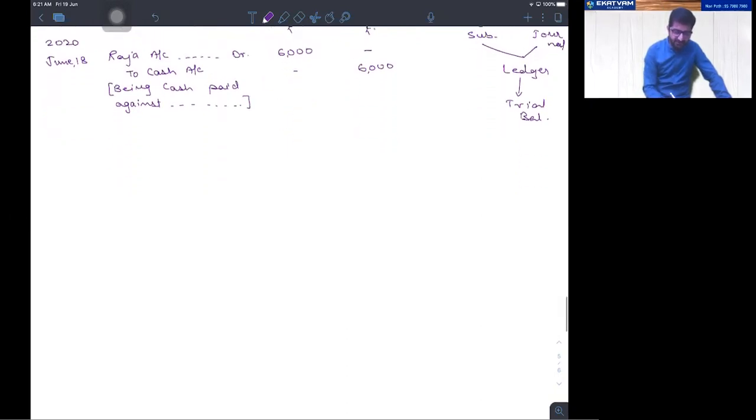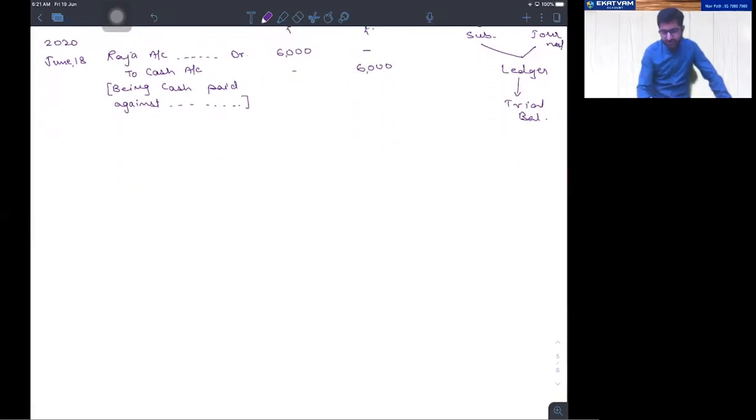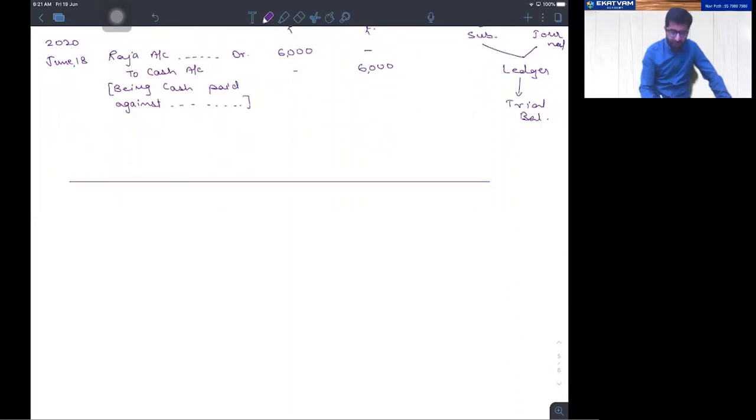So in the given case, we'll be requiring two different accounts. One will be needing Raja account and two will be needing the cash account. Correct? Now, what are the columns in the ledger?